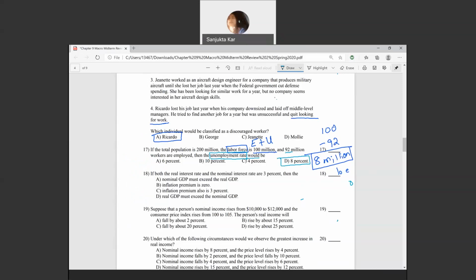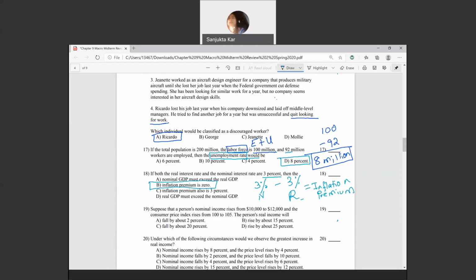From the nominal, I'm going to subtract the real, and I'm going to get the inflation premium. So the inflation premium here will be equal to 0. This is my inflation premium.